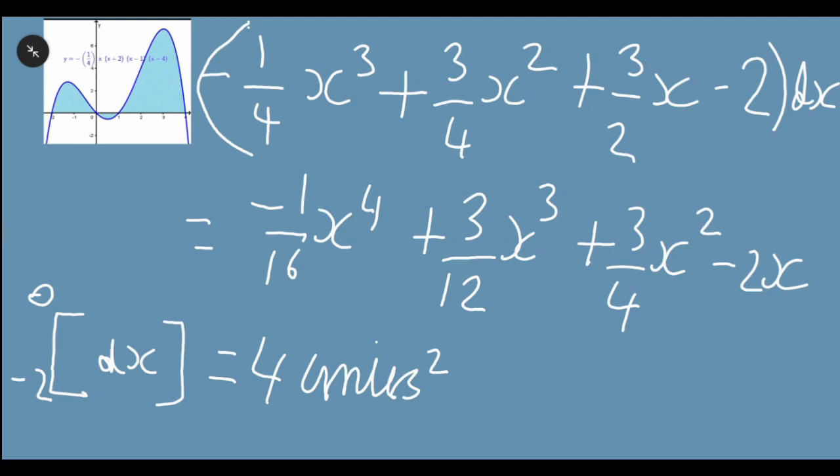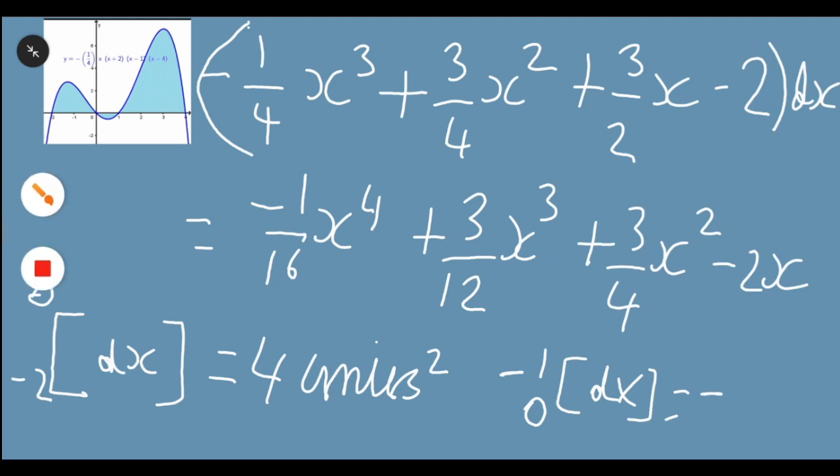Now let's work out the area under the curve between 1 and 0. Again, we don't have to include 0, as 0 is going to give us no value, so you can just substitute 1 in and find out the area under the curve. Now in this case, since it's under the negative axis, we have to include a negative in here to cancel out the negative that comes out.